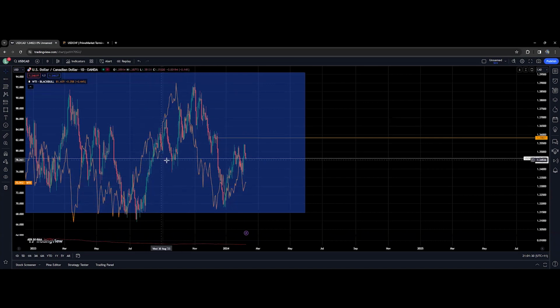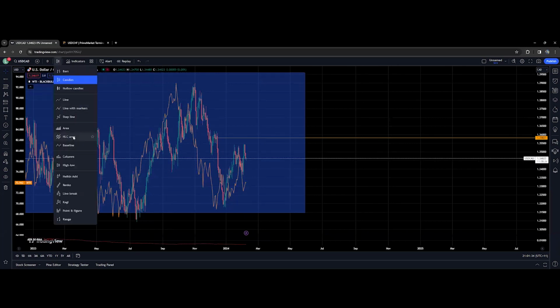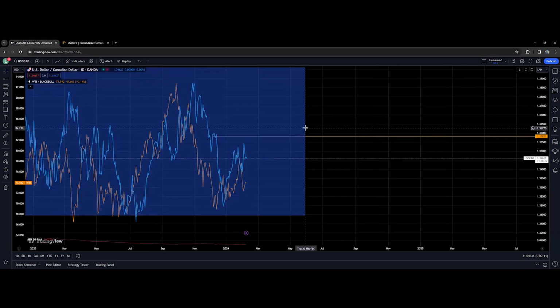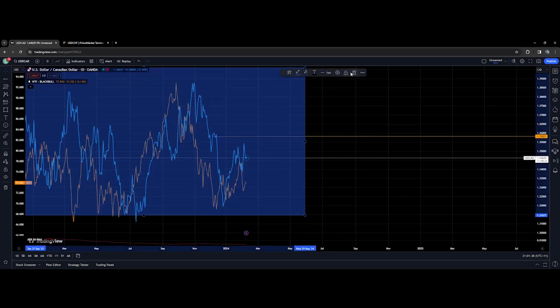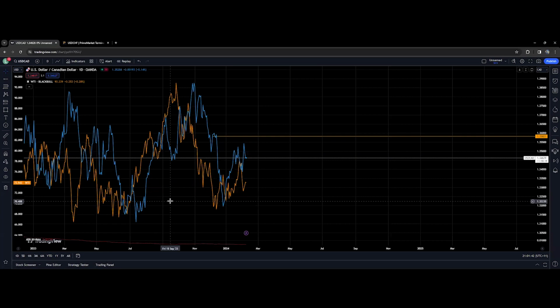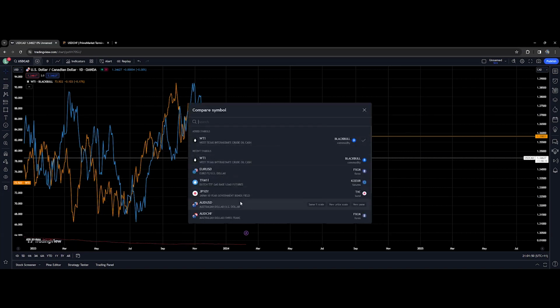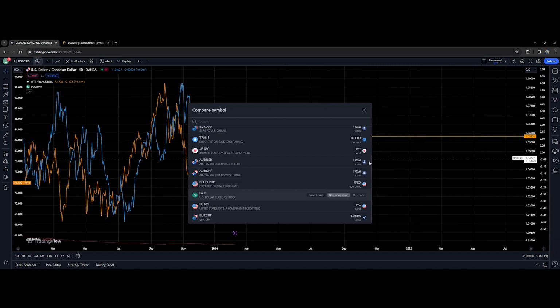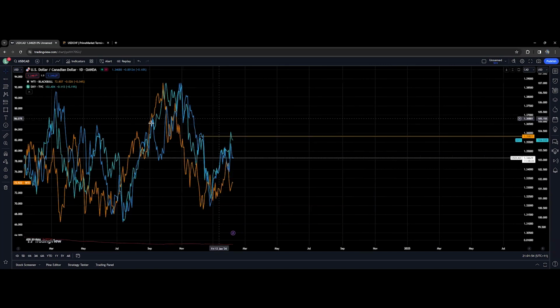Because if we look here, let me put these on a line. In yellow we have oil prices, and in blue we have USD CAD prices. And even if we add DXY, it's going to be another blue.